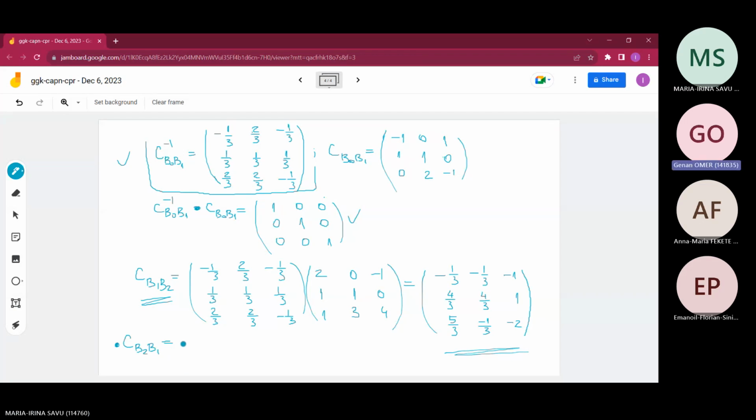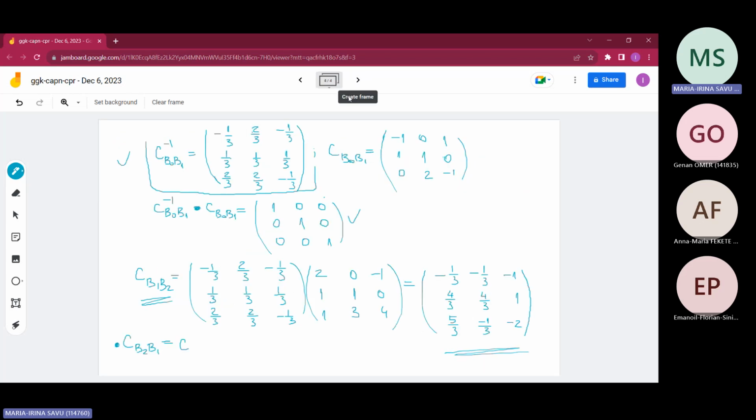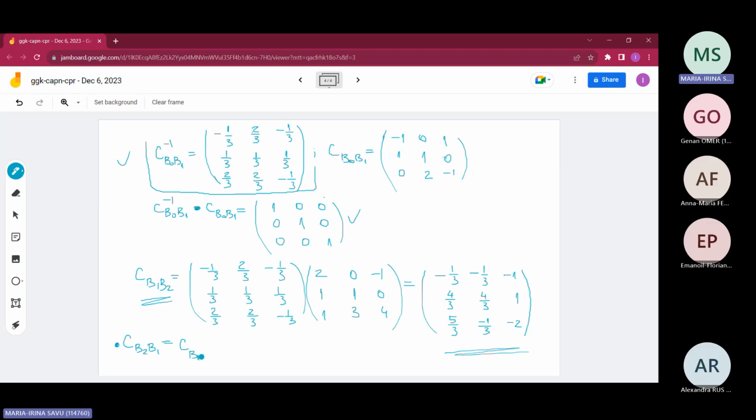So it will be CB2, B0 multiplied by CB0, B1. Yes, but to make advanced computations, I should use this matrix. Oh yeah, it's the inverse of CB2, B1. Exactly. It's this one. So you have to find the inverse of this matrix and you get the result. This is your homework.